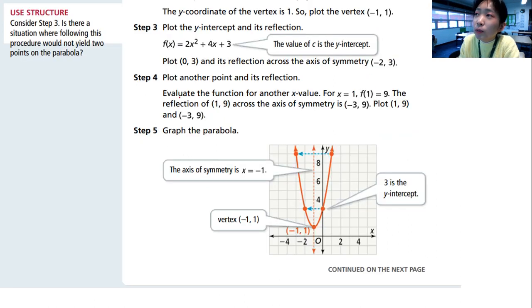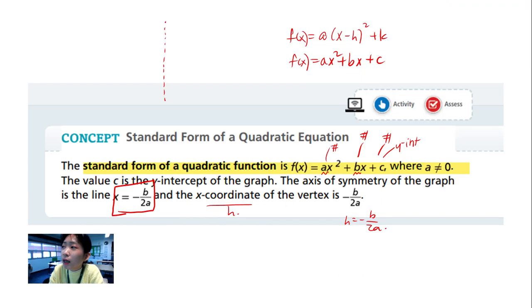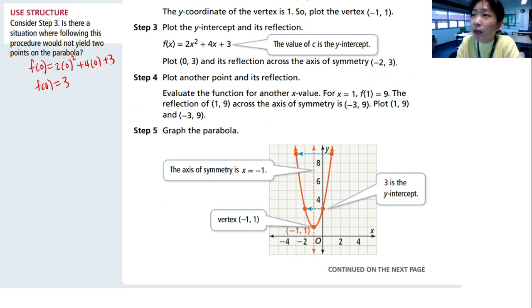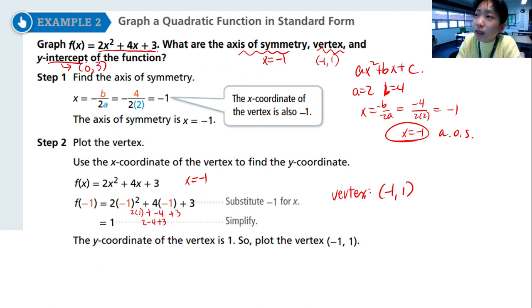So f of 0 is equal to 2 times 0 squared plus 4 times 0 plus 3. So f of 0 is just 3. And we already know that the value of c is the y-intercept. As soon as you see the value of c, you know that's going to be the y-intercept. So 0, comma 3 is the y-intercept of the function.